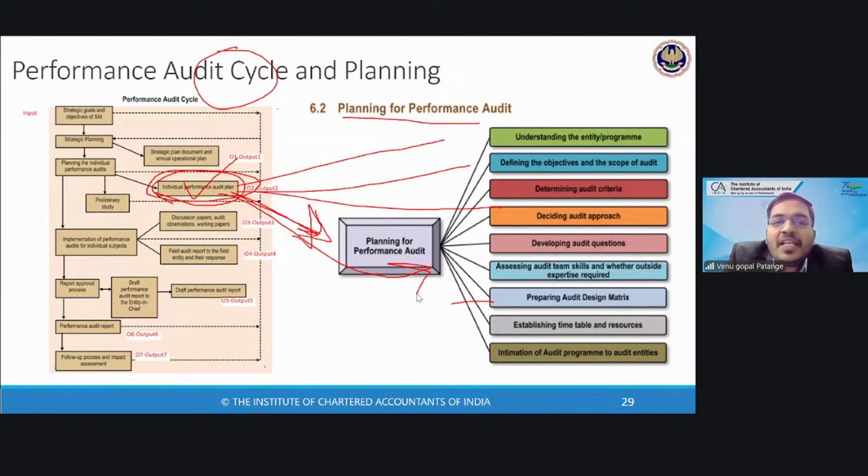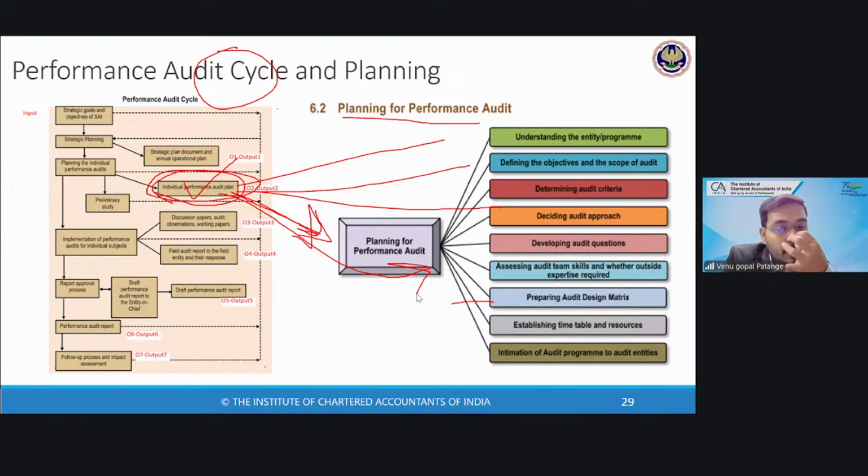You are summarizing whatever you have done in the audit design matrix. So, if you understand the audit design matrix, you understand the planning. Clear? If you understand the audit design matrix, you understand the performance audit planning. Okay.